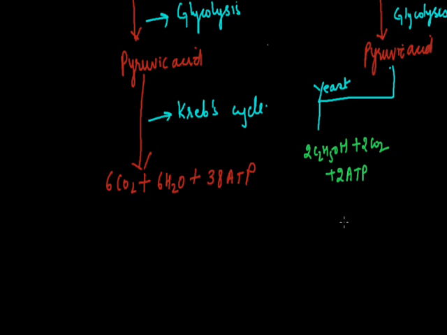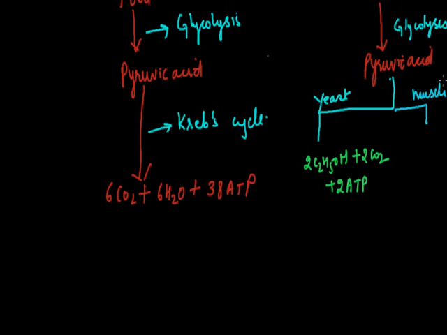and energy. On the other hand, if pyruvic acid is formed in muscle cells, sometimes they switch on to anaerobic respiration, and the ultimate end products in muscle cells are lactic acid and energy. The same amount of energy is released in muscle cells too.